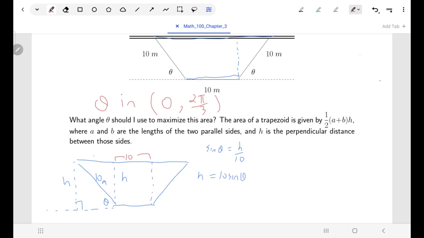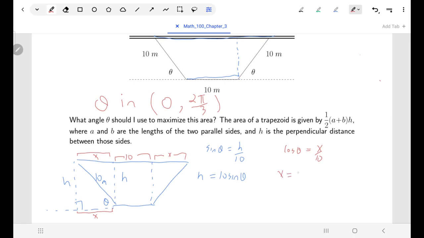I'm going to call this little distance x, and I'll call this one also x. So again, x is the same thing as this distance. That would be the adjacent side on my little right triangle. I know that cosine of theta is equal to adjacent over hypotenuse, x over 10.